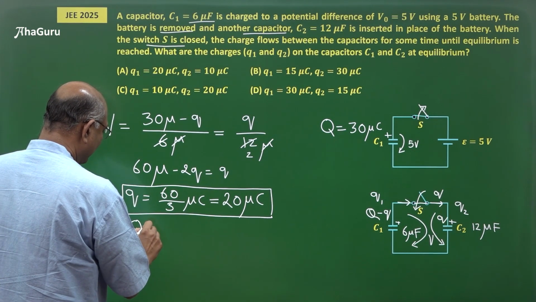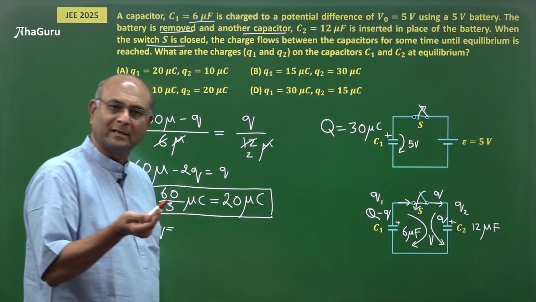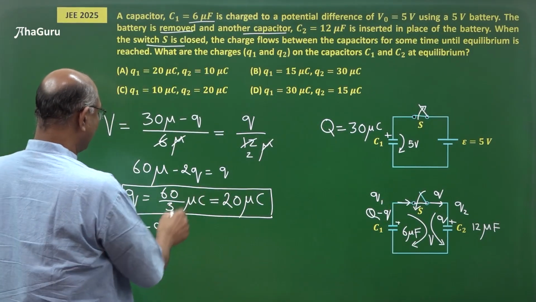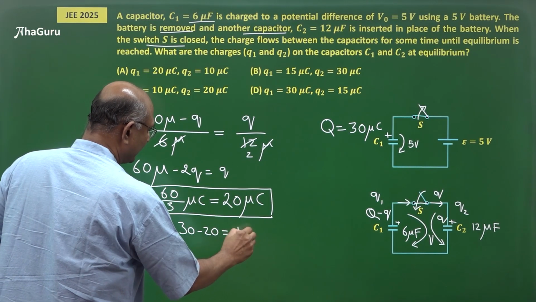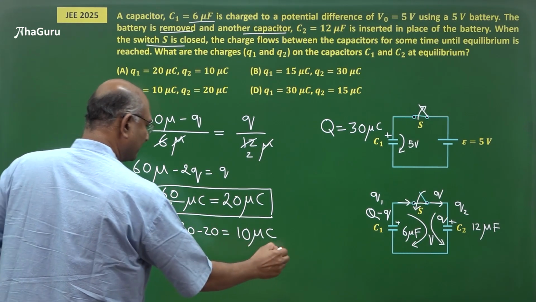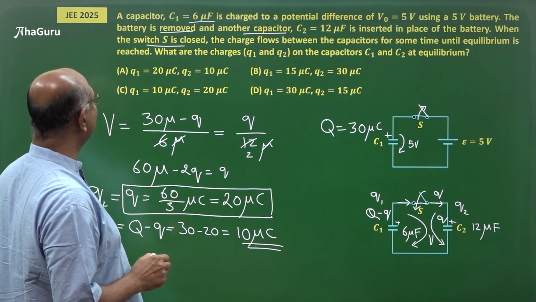Q1 is capital Q minus small q. The charge on C1 is Q1, the final charge, right? What is capital Q? 30. 30 minus 20 will give us 10 microcoulomb. So this is Q1, and this is Q2.